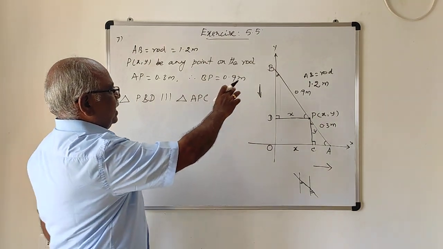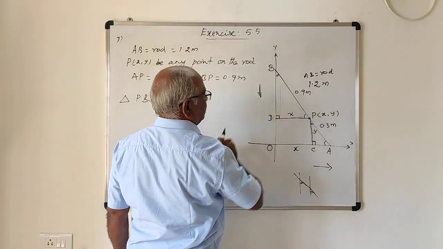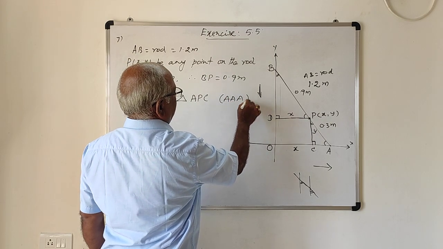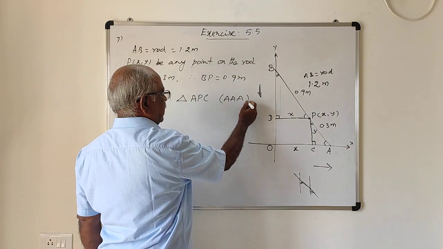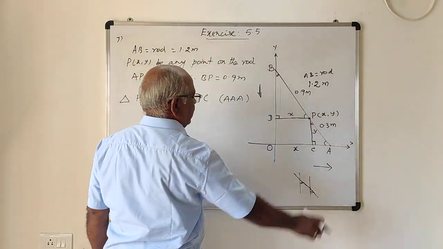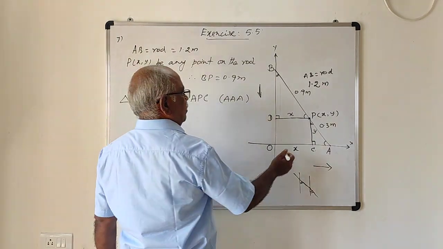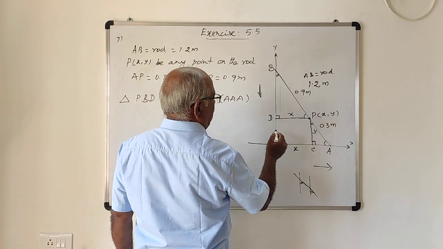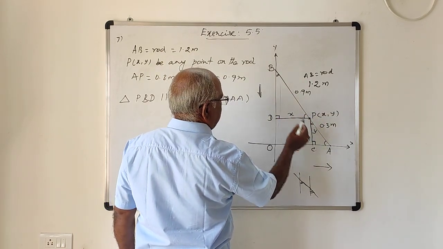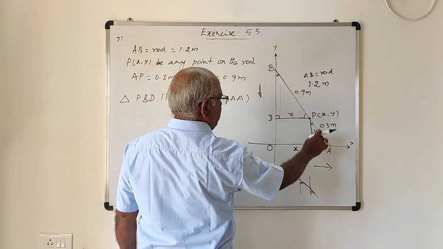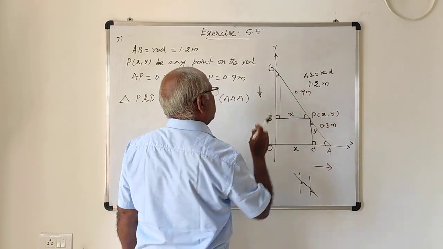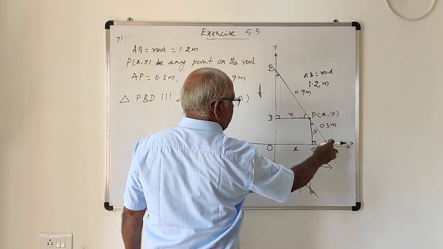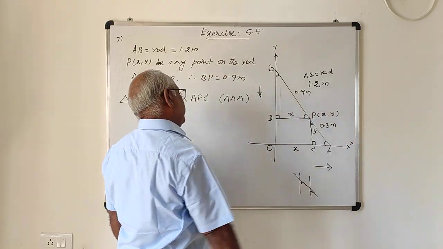The three angles of one triangle are separately equal to the three angles of the other, by the AAA property. Angle B equals angle P, angle A equals angle P, and D equals C because these two are right angles. Angles DBP and CPA are equal because they are corresponding angles of parallel lines, and BPD and PAC are also equal because the third angle is automatically equal.